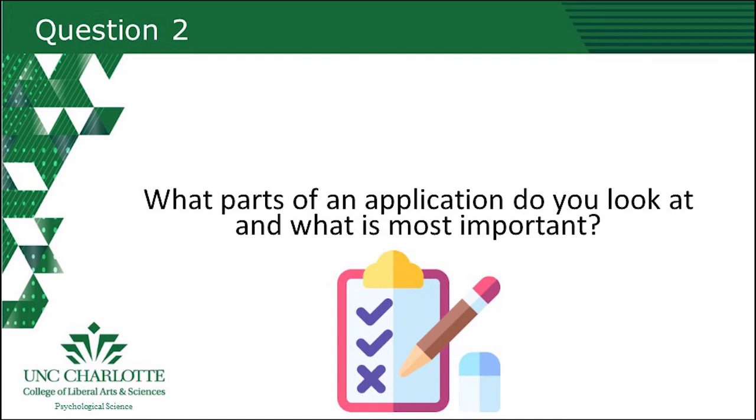So maybe in terms of selecting the programs that you're applying to, it's not a matter of simply identifying the top programs in your field, in social psychology or cognitive or clinical necessarily, but it should be guided by the fit in your and your mentors' research interests.